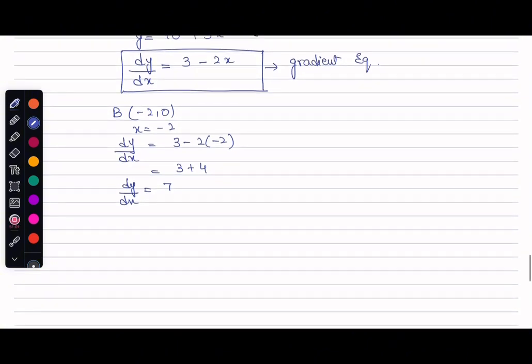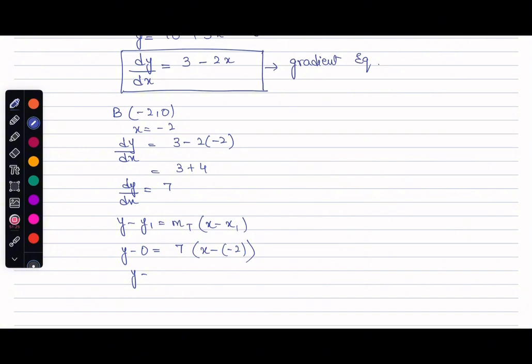Therefore, I can have the equation of the tangent at B. It's y minus y1 equals the gradient of the tangent times x minus x1. And this should be at B, where our y1 is equal to 0. The gradient at this point is 7 and our x1 was negative 2.